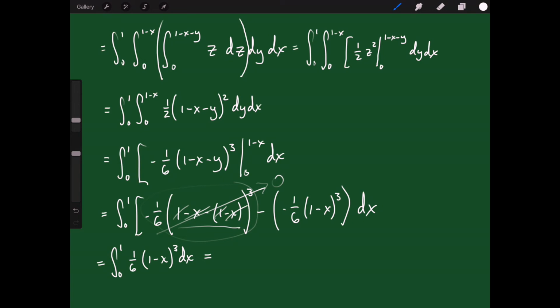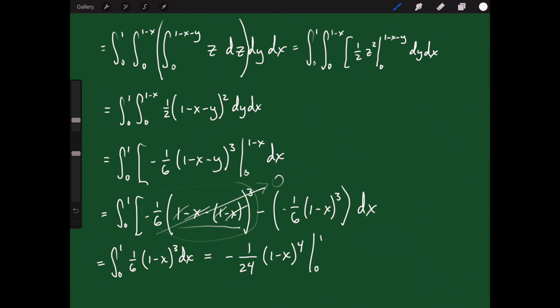And so our antiderivative should be, let's see, we are going to divide by 4 and multiply by -1 to give us -1 over 24 times 1 minus x to the 4th, evaluated from 0 to 1.